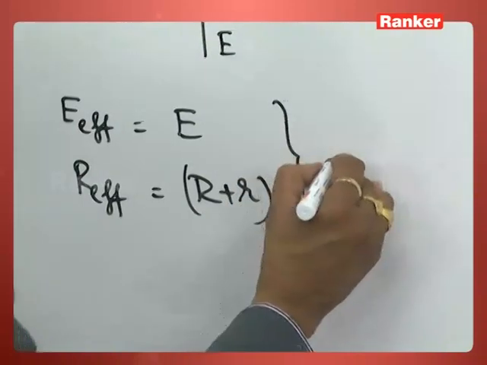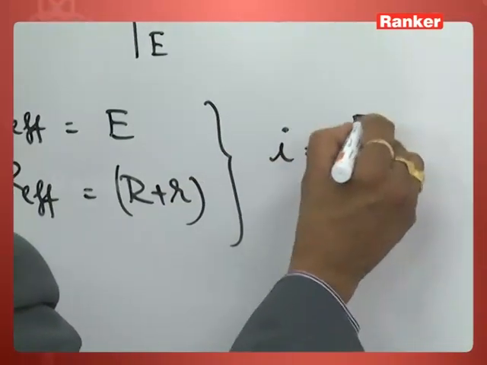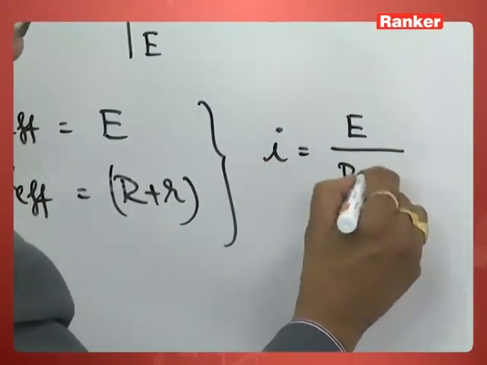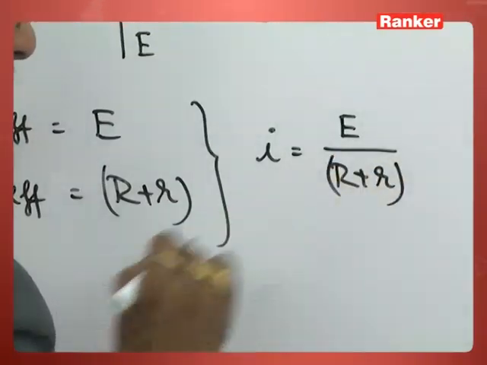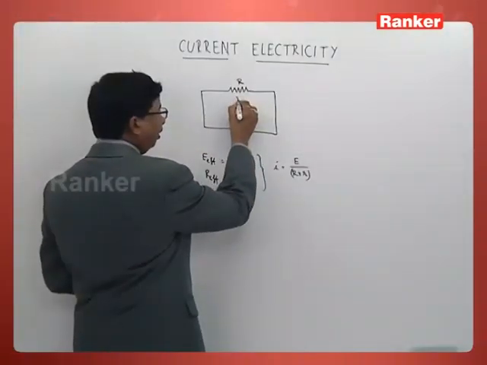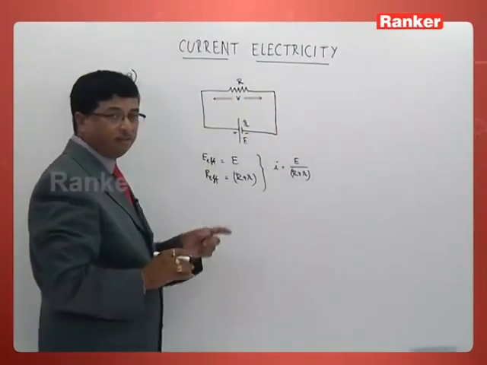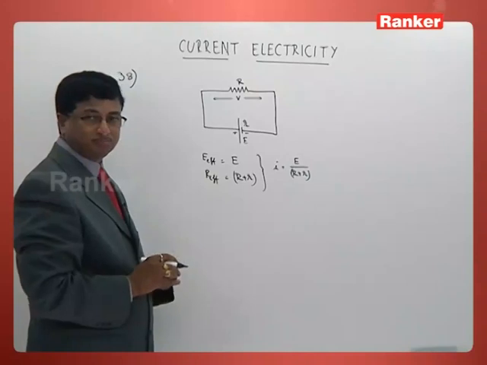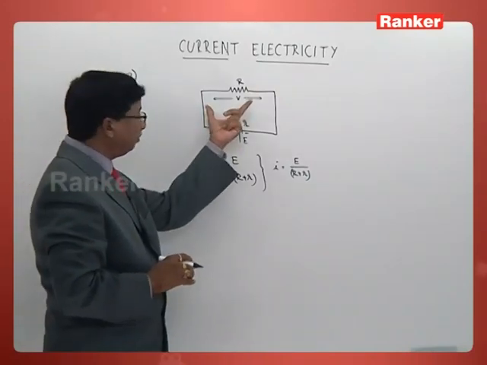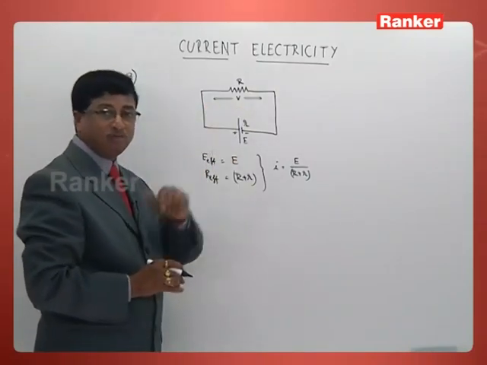Then you can write the total current becomes E by R plus r. That's okay. Then if I call the terminal potential difference across the resistor V, terminal PD I am talking about, that's value is given V.